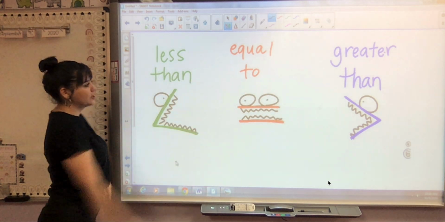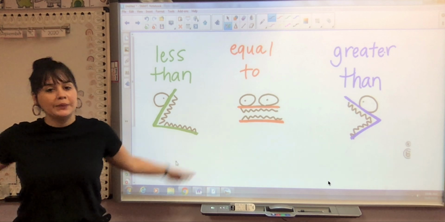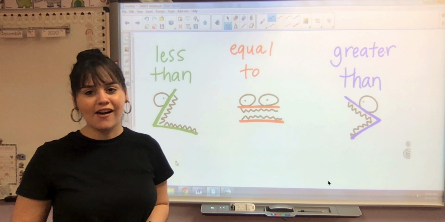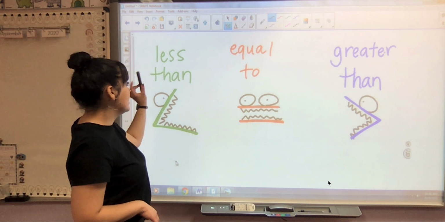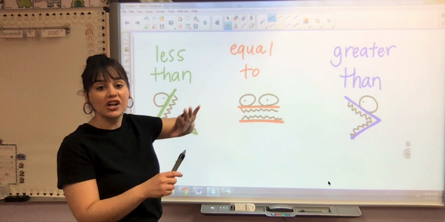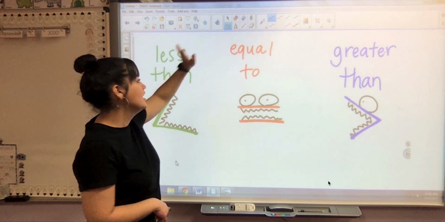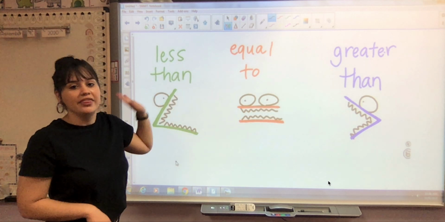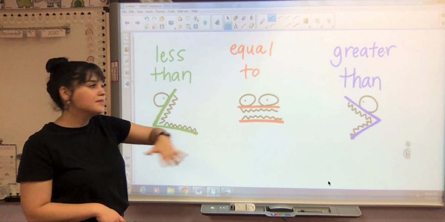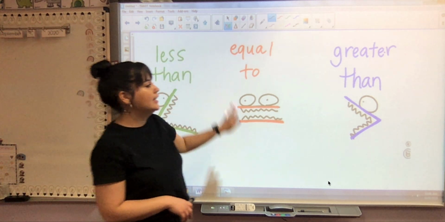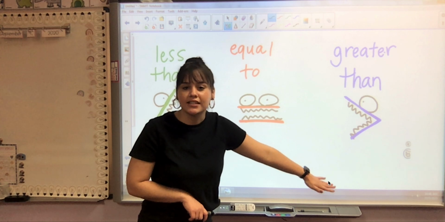So these are the three terms we're going to be talking about all week. We're going to be talking about our hungry alligator friend all week long. He will always look like the less than, the equal to, or the greater than. Those are his three looks. He will always look like the less than, the equal to, or the greater than symbol.